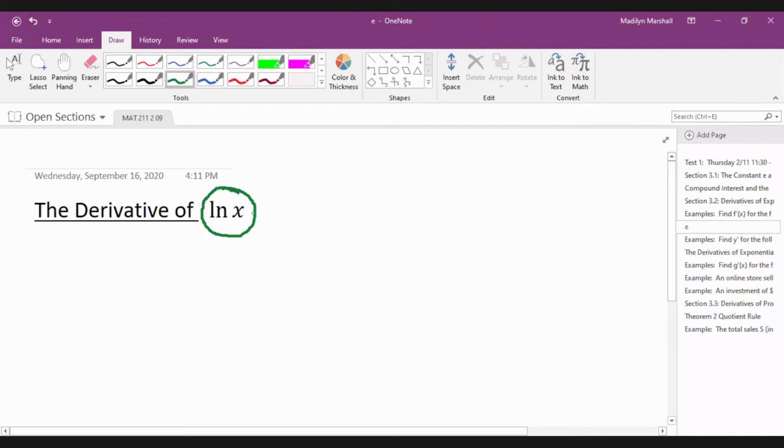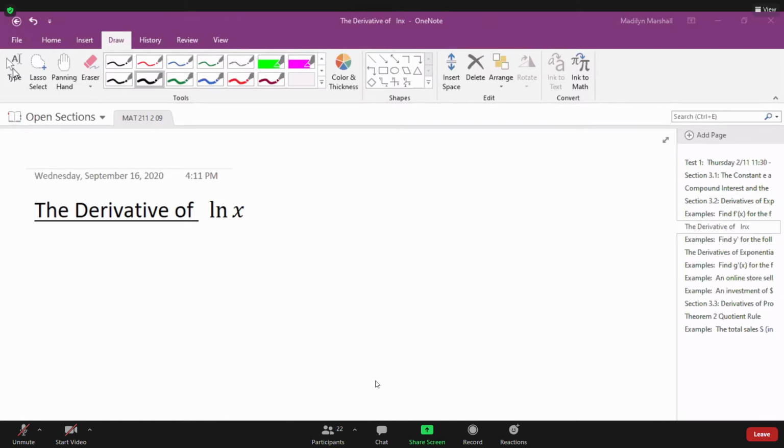Natural log of x is log base e. So e to the x and natural log of x are actually inverse functions of each other, which we don't need to know at this time. But natural log is another really important thing because it has to do with e. E makes things important. So this is sort of the base of our logarithmic functions, the natural log.